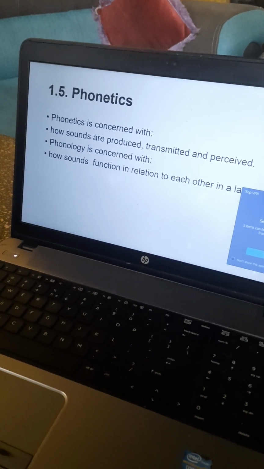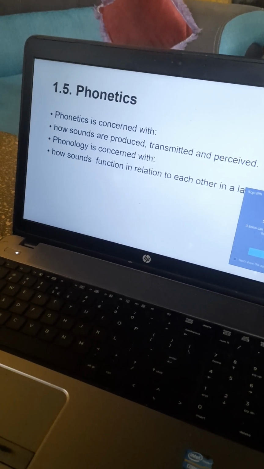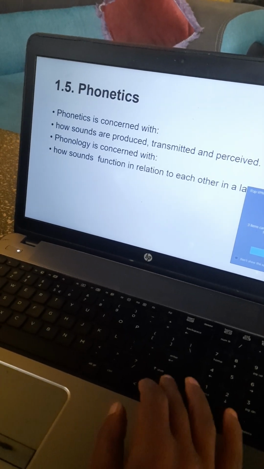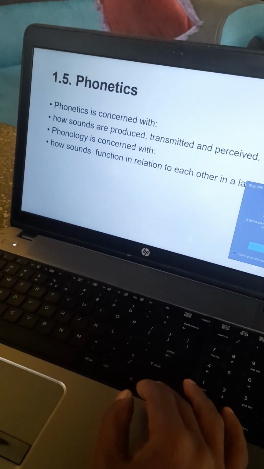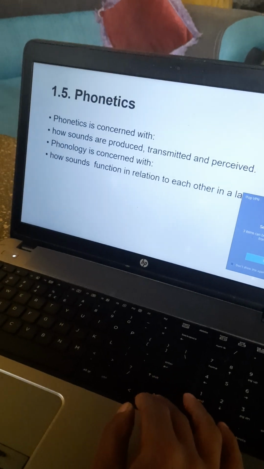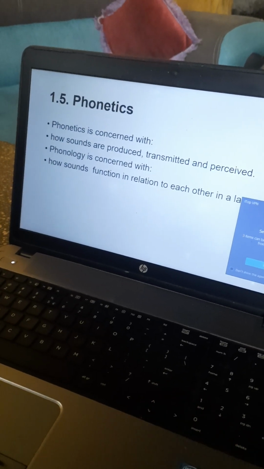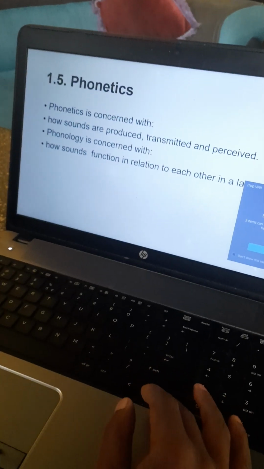And phonology is about how sounds function in relation to each other. This is about the usage of sound. Phonology is about the usage of sound. Phonetics is about the formation of sound. So I hope that you get the answer to the first question.